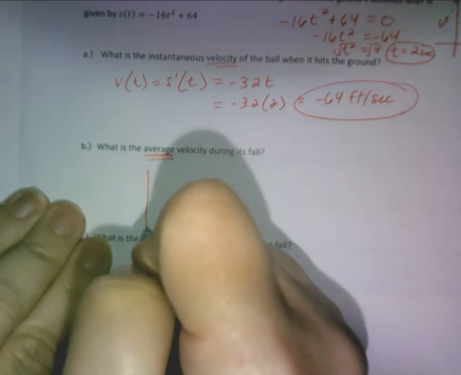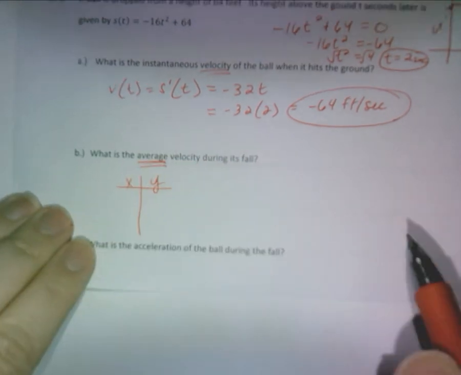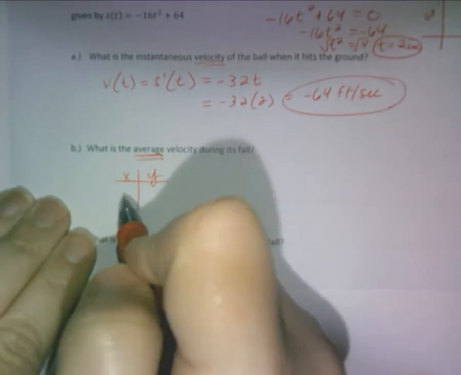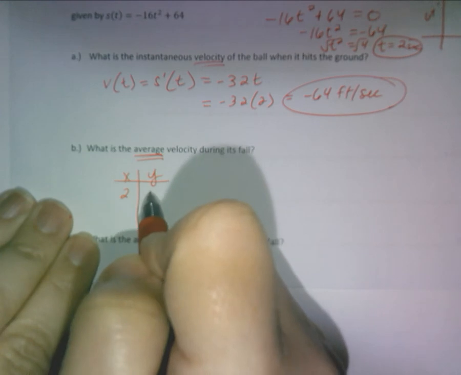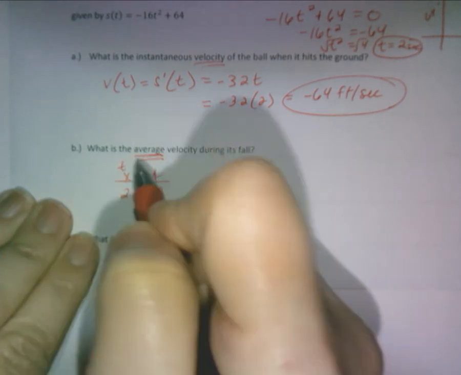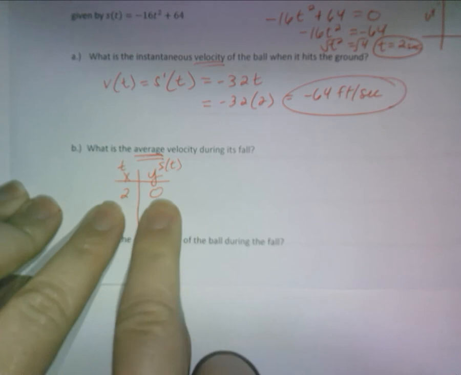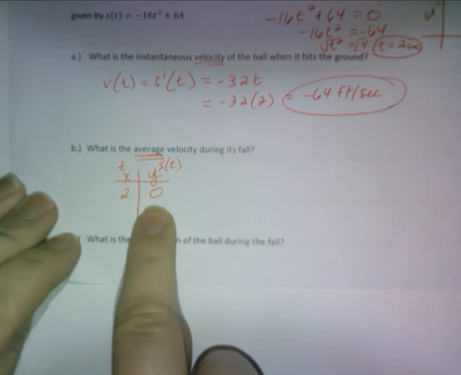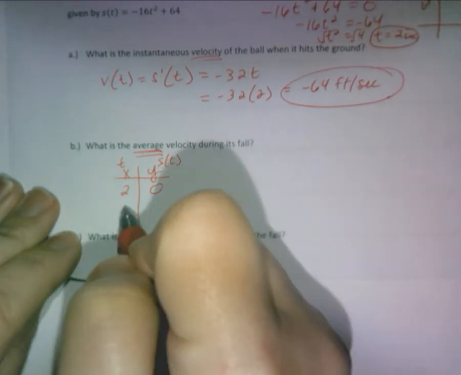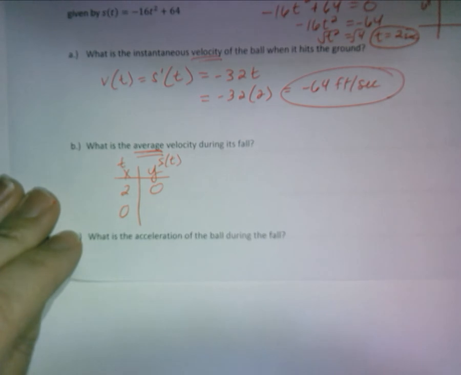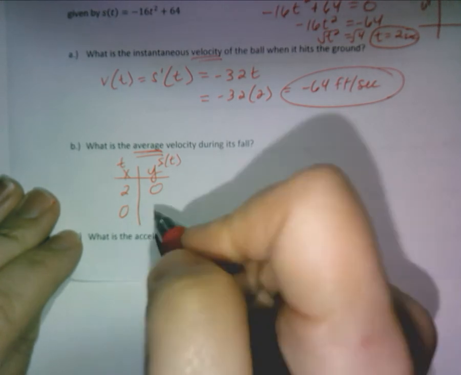So what I do is I pick the one I just found. At 2 seconds, I was at 0. Actually, I should write t and s of t. At 2 seconds, I was at 0 feet. Agreed? Another one I would have, at 0 seconds, where was I? Where was the ball at 0 seconds where I initially started? 64.